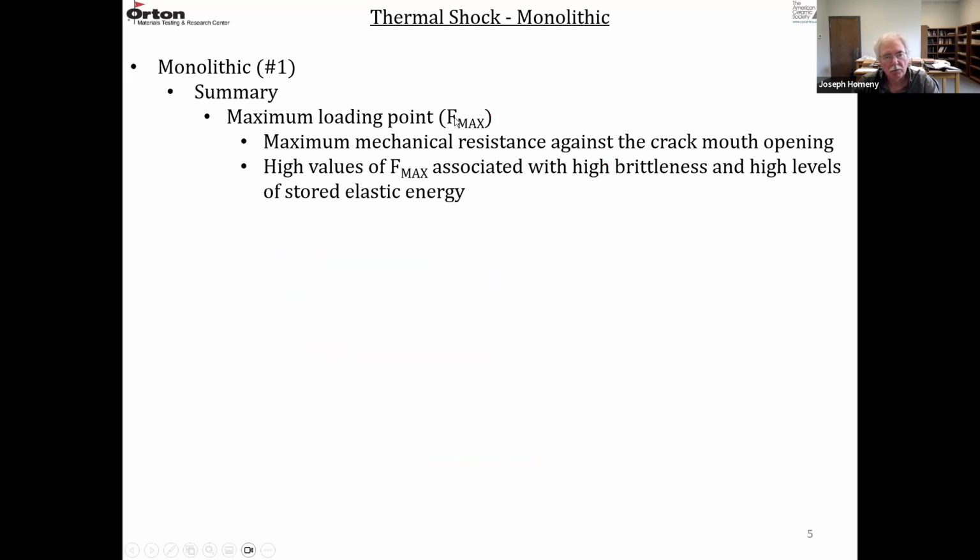So the maximum loading point, this F max, is the maximum mechanical resistance against the crack mouth opening. The higher the values of F max, they're associated with higher brittleness and higher levels of stored elastic strain energy.